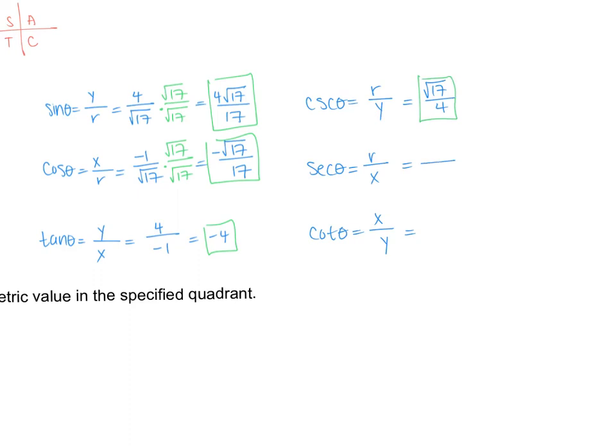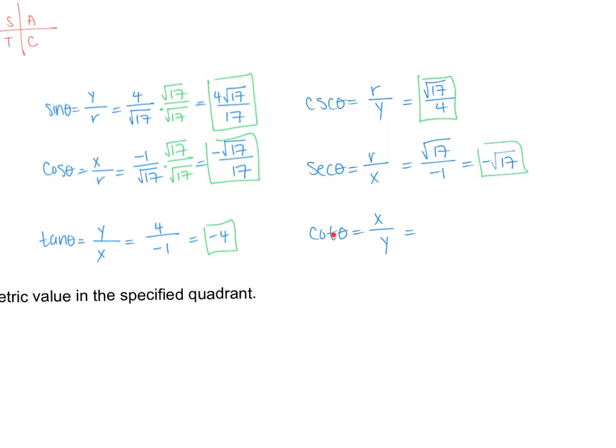And then for secant, that is this piece here. The radius is root 17 and the x is negative 1. So I'm going to write the root 17 on top this time and negative 1 on bottom because it's a reciprocal. And if I were to clean it up, all I can do is divide by 1, which ends up being negative root 17 as my answer.